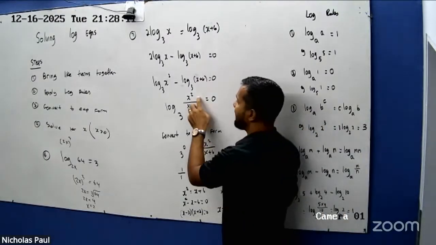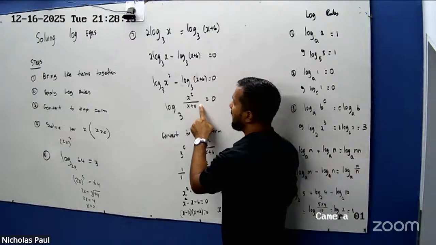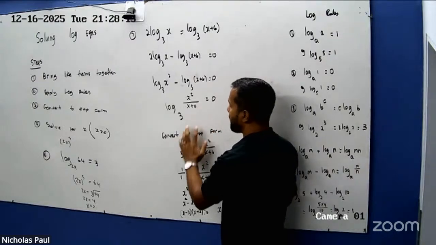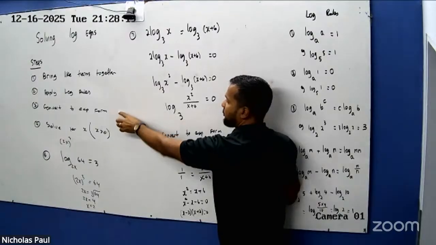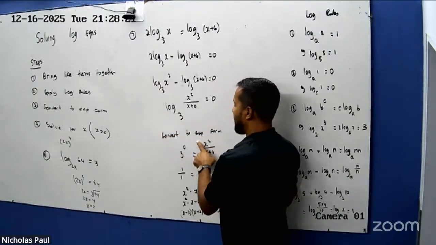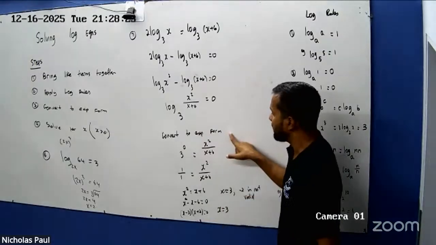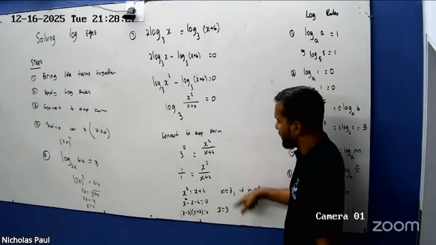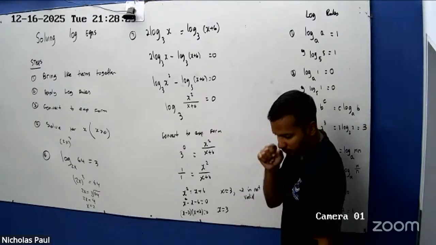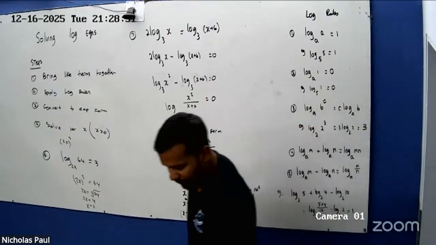When you divide and you have this form now, we convert to exponential form. So we finish steps 1 and 2, we go on to step 3 now. We convert to exponential form, right? When you convert to exponential form, you cross multiply, solve it. All right, copy it down.